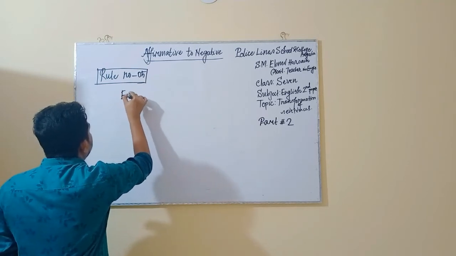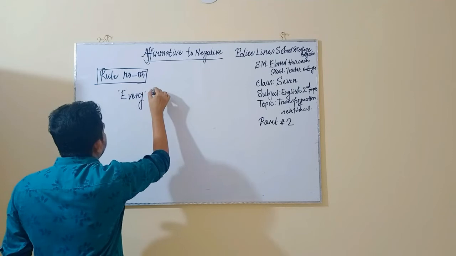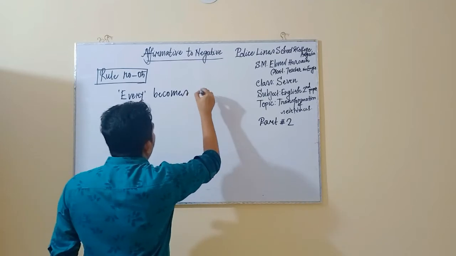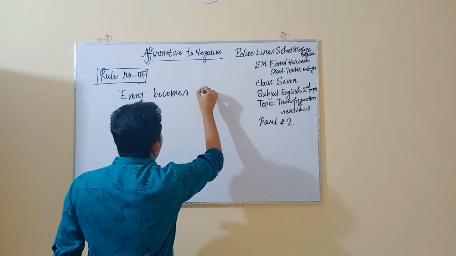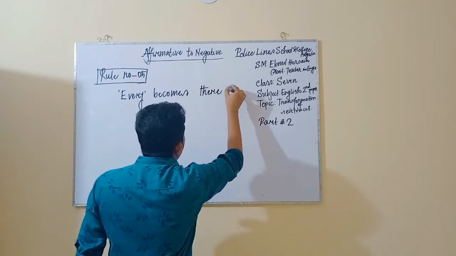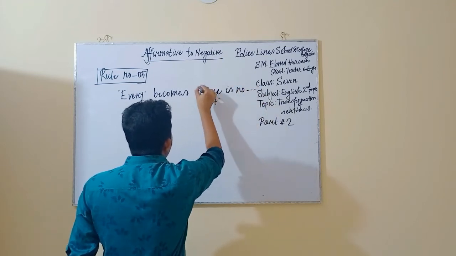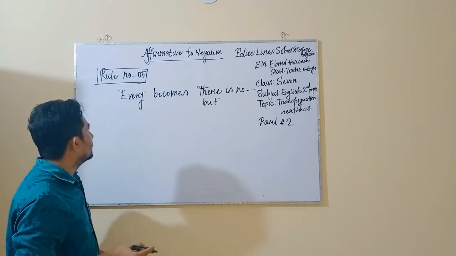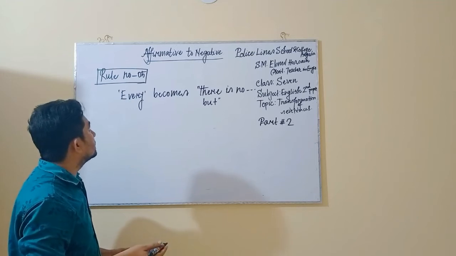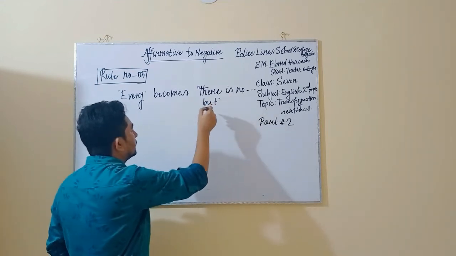Every becomes there is no ... but. Here notice the rule: if we find the word every in an affirmative sentence, then we can change the affirmative sentence into a negative one by using the phrase there is no ... but.